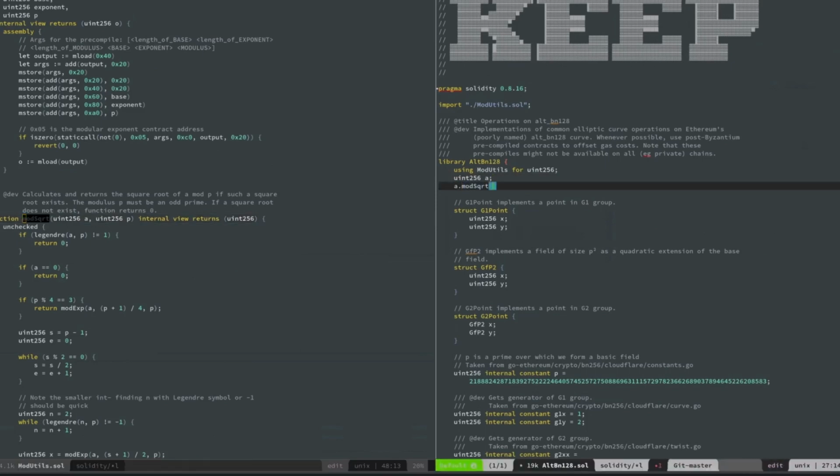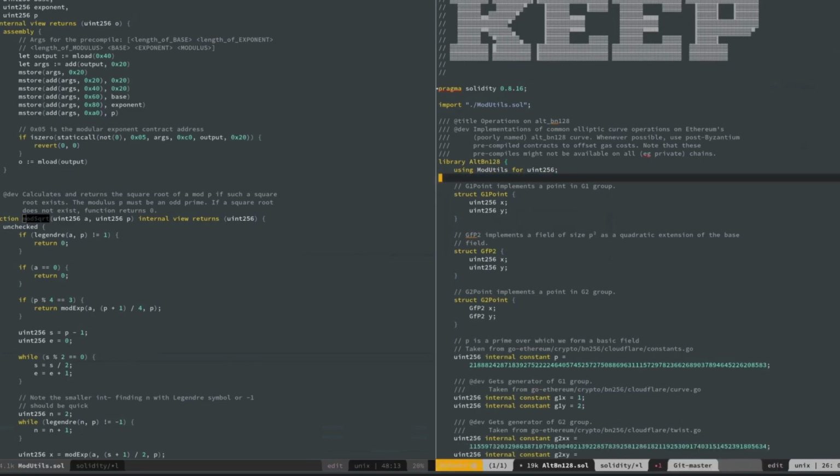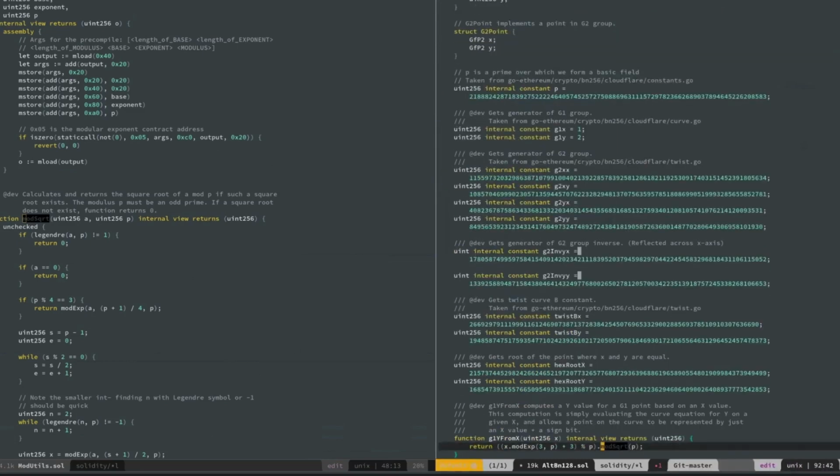I thought that was super cool. I haven't seen that. Maybe C++ has that, I can't remember, but I haven't seen something like that in a language before. Thanks, handy tip.